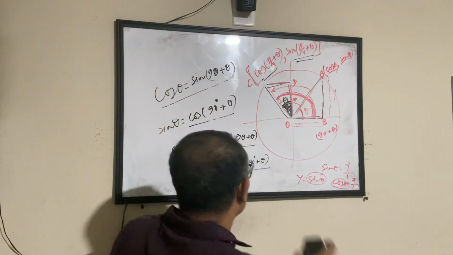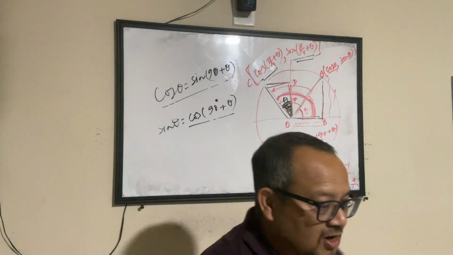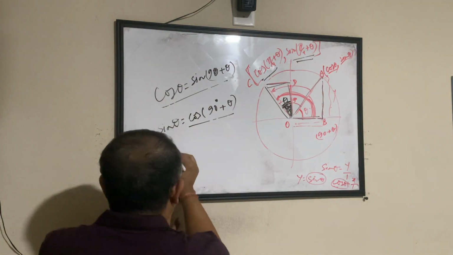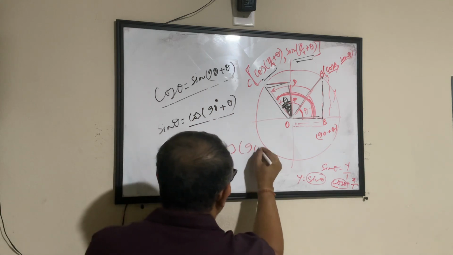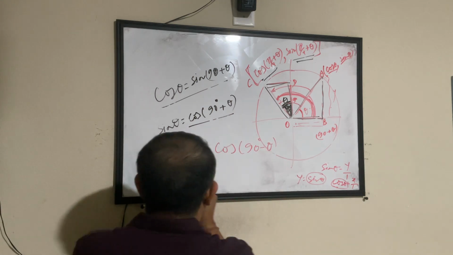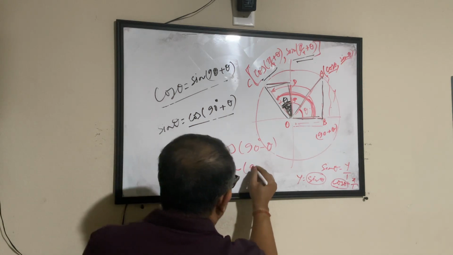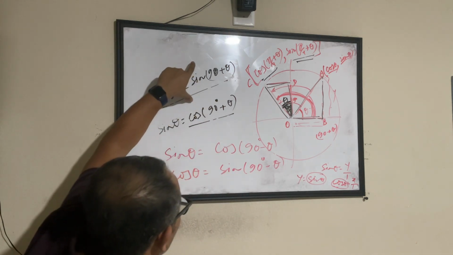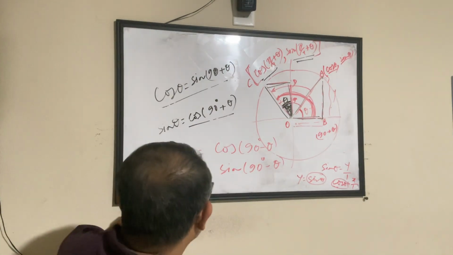Now, if you look at this with respect to the complementary angle thing that we had learned, that said sine of theta equals cos 90 degree minus theta, and cos of theta equals sine 90 degree minus theta. So what we are doing is we are just correlating it to the next level.